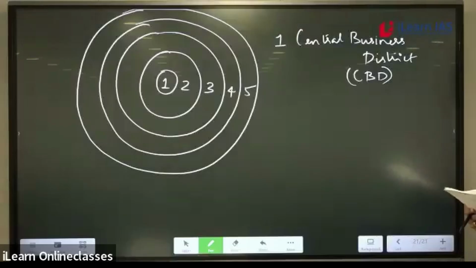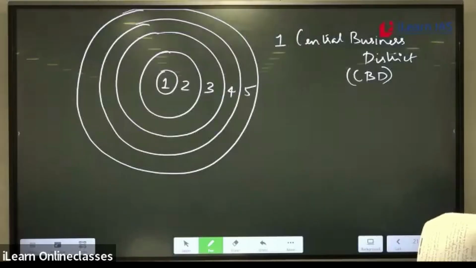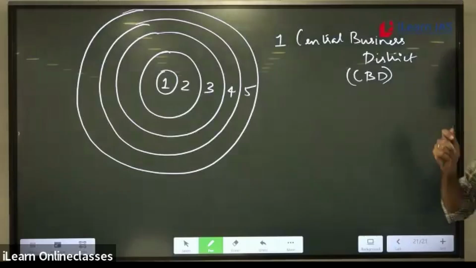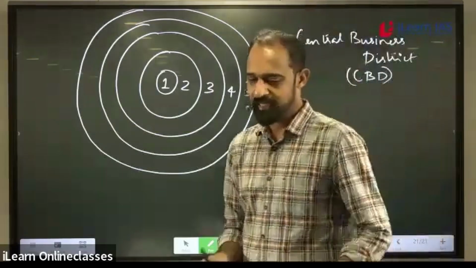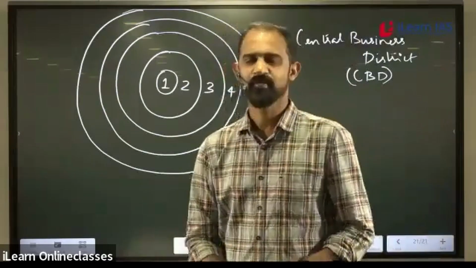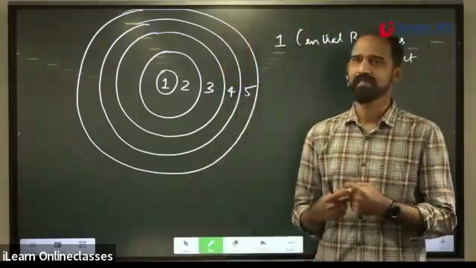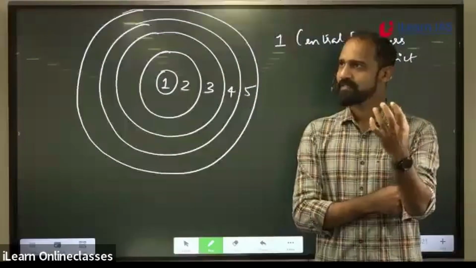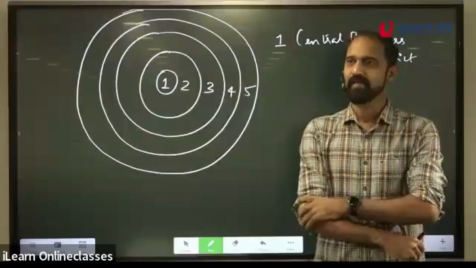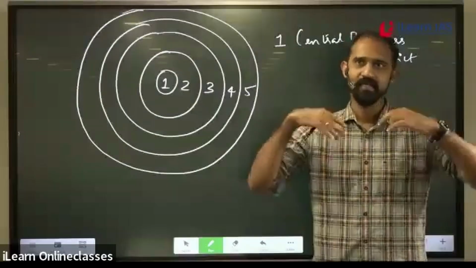The theory says that the first circle, at the center of the city, is called the central business district. This is a Western concept. In India, some of the colonial cities have this concept of CBD, which used to be the center of the city earlier.